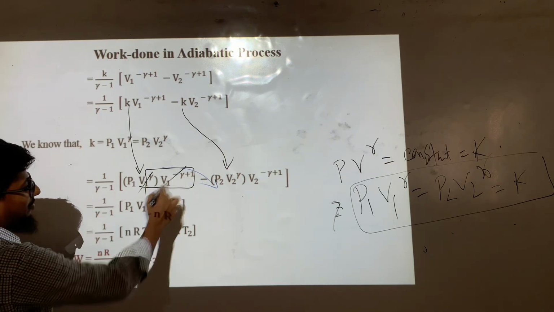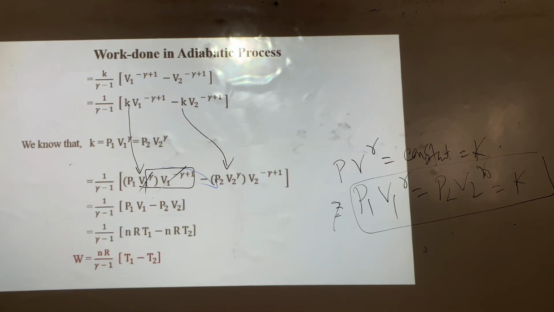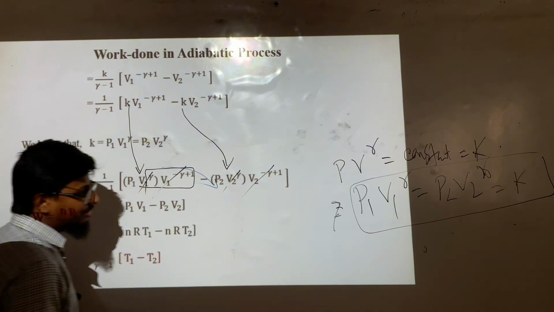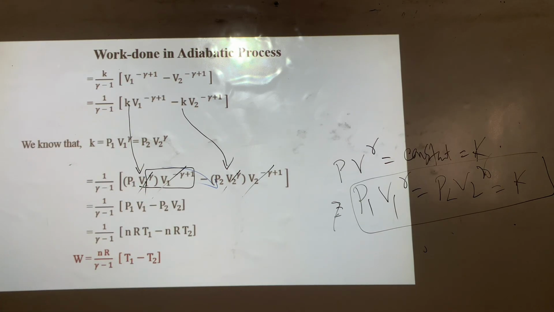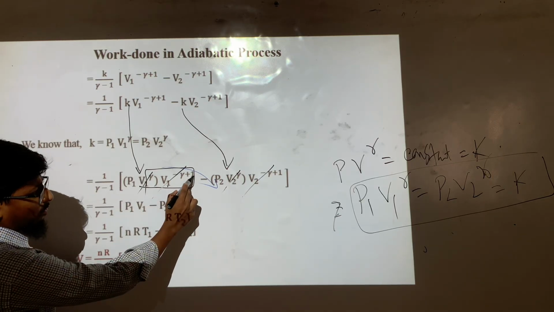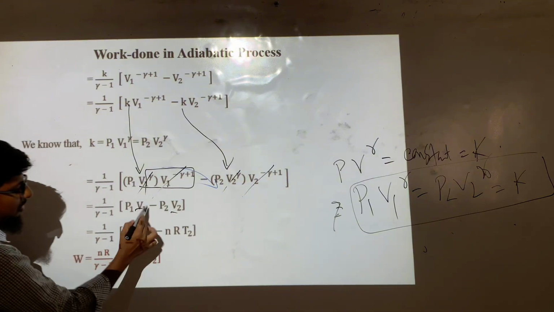V1 to the power gamma and V1 to the power minus gamma will cancel each other. Similarly, V2 to the power gamma and V2 to the power minus gamma will cancel each other. You will have V1 to the power 1 and V2 to the power 1 here.